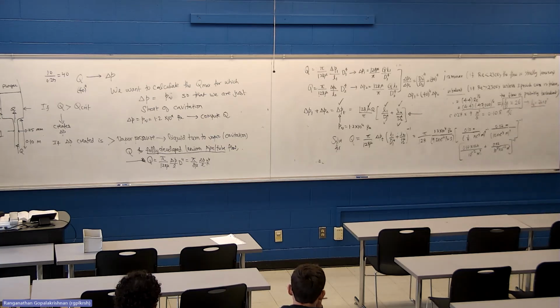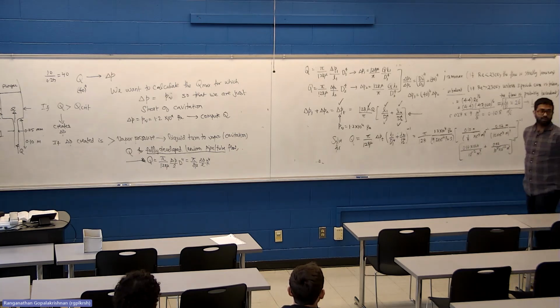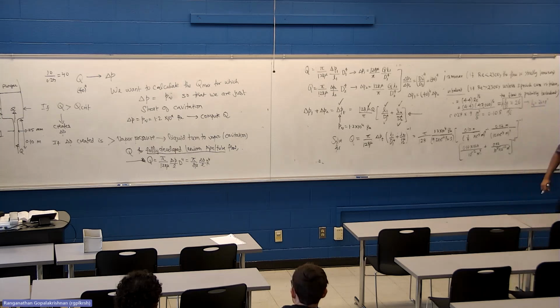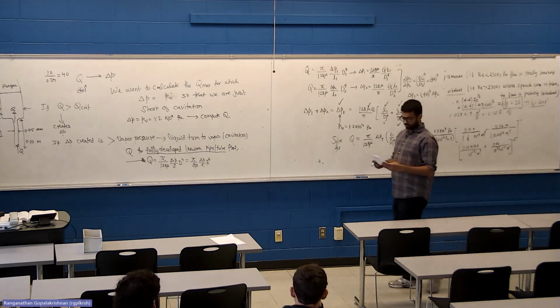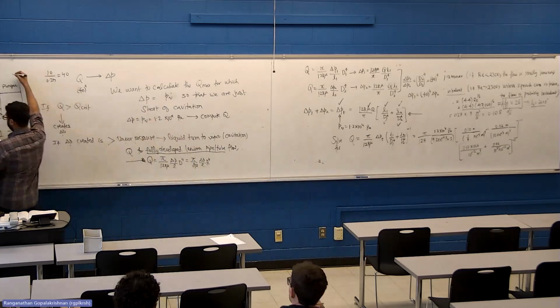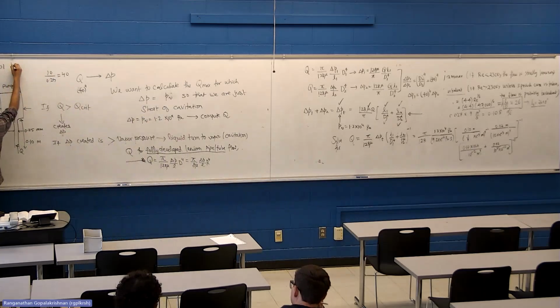Why aren't we taking the pressure difference? Because we're given the pressure in absolute terms, not gauge. So we are given the absolute pressure 101 kPa, and the vapor pressure is 12,000 Pascal.